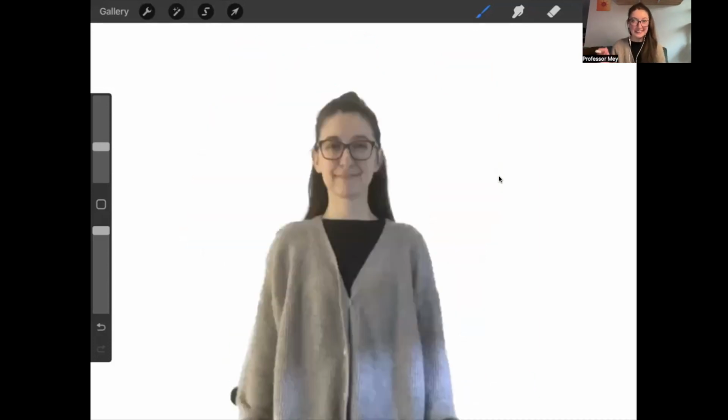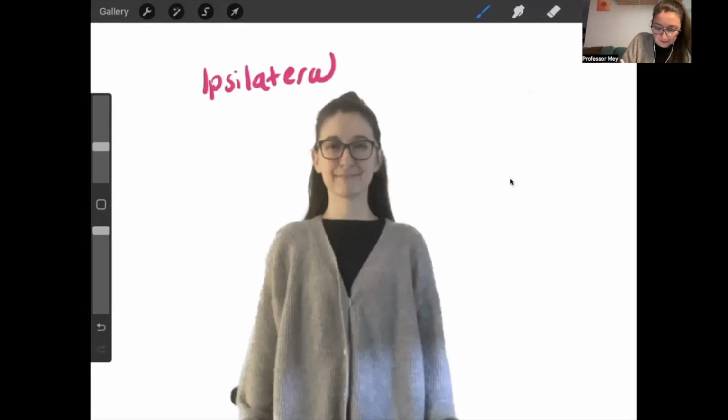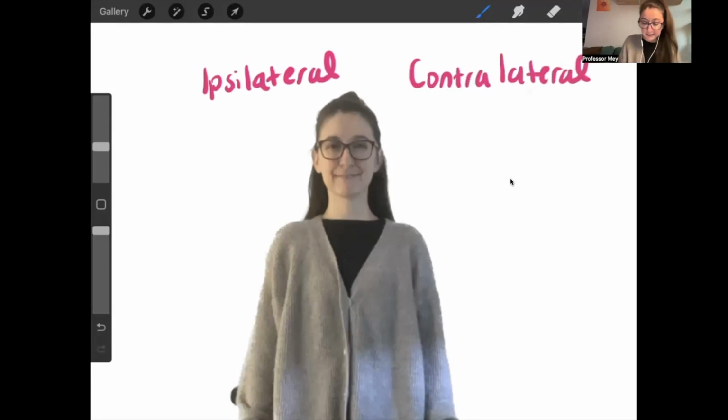One that pertains mainly to neurobiology, neuroscience in general, and having to deal with directions or certain things in the brain, okay? And that's ipsilateral and contralateral. Both in their name are referring to sides of the body.